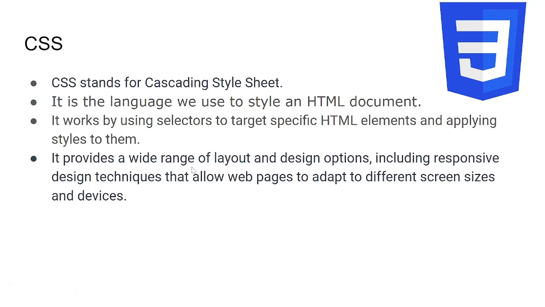It provides a wide range of layout and design options, including responsive design techniques that allow web pages to adapt to different screen sizes and devices. It means that by using CSS we can enhance the page, and it also allows web pages to adapt to different screen sizes and devices. It makes web pages good looking and attractive.